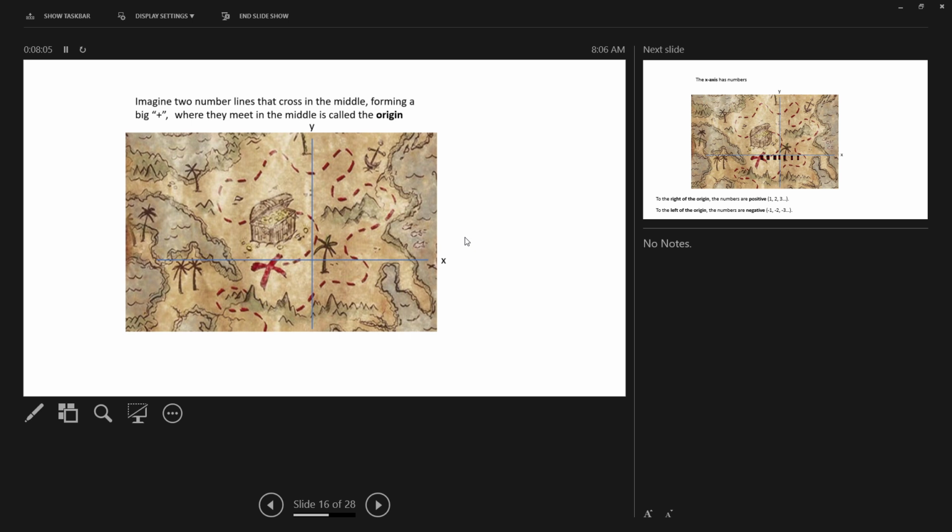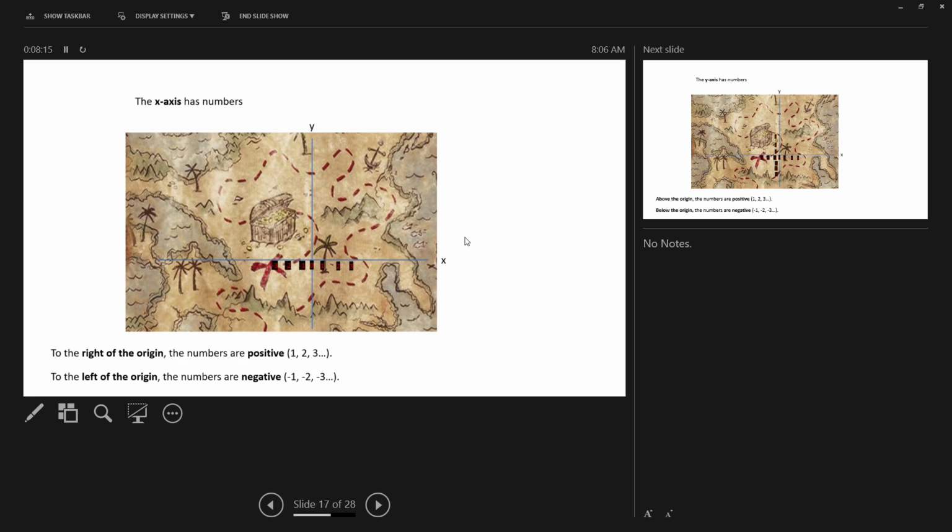Imagine two number lines that cross in the middle, forming a big plus. Where they meet in the middle is called the origin. The x-axis has numbers, as you can see. To the right of the origin, the numbers are positive, 1, 2, 3, and so on.